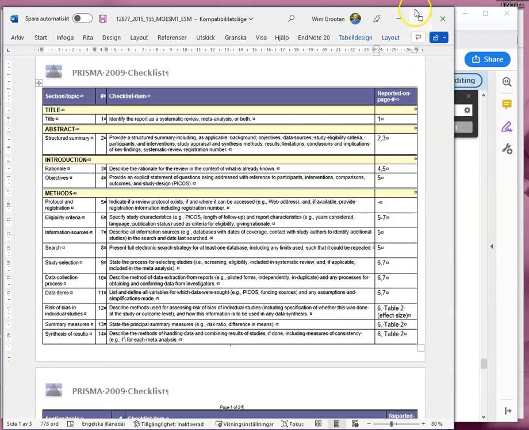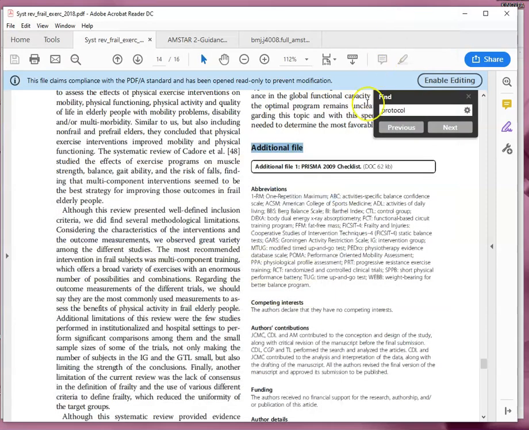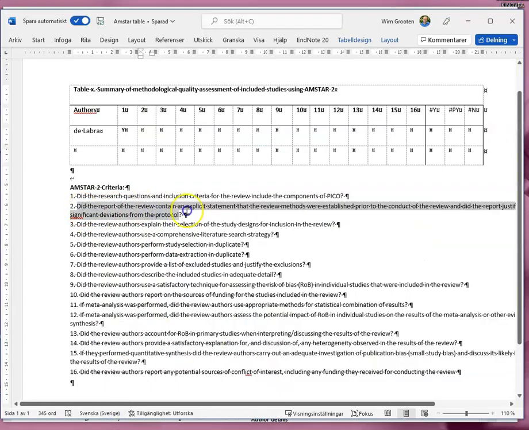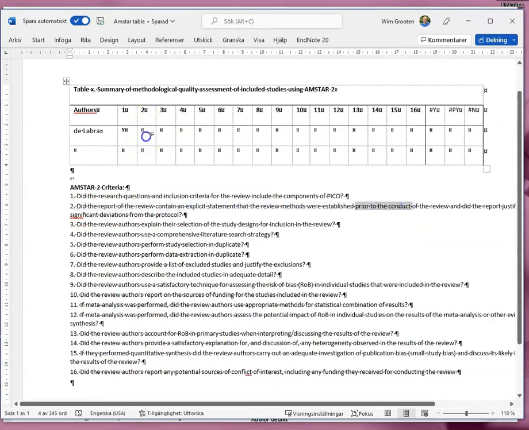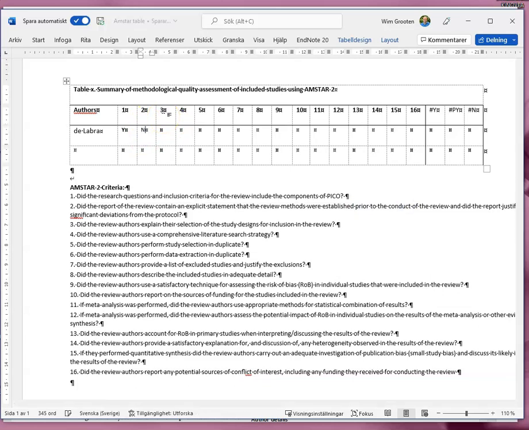So there is no protocol for this review. And that is not very good, because we need to see, did the report contain an explicit statement that the review was established prior to the conduct? So, no, there's nothing there.